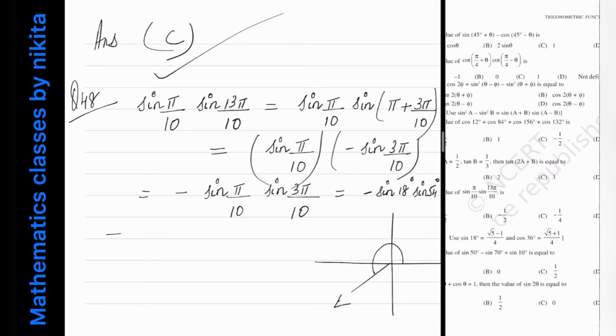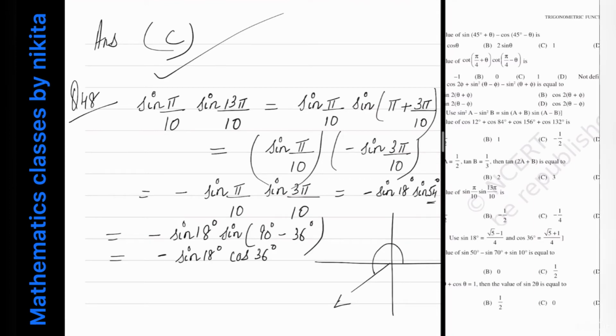Okay, and this can be written as minus sine of 18 degrees. तो 18 degrees की वैल्यू तो आपको पता है, बट मेरे को 54 degrees की नहीं पता. So therefore I will write this as sine of 90 minus 36 degrees. 54 को मैंने क्या लिख दिया, 90 minus 36, and sine of 90 minus theta is cos theta. तो यहाँ पे क्या आ जाएगा आपके पास, minus sine of 18 degrees into cos of 36 degrees.